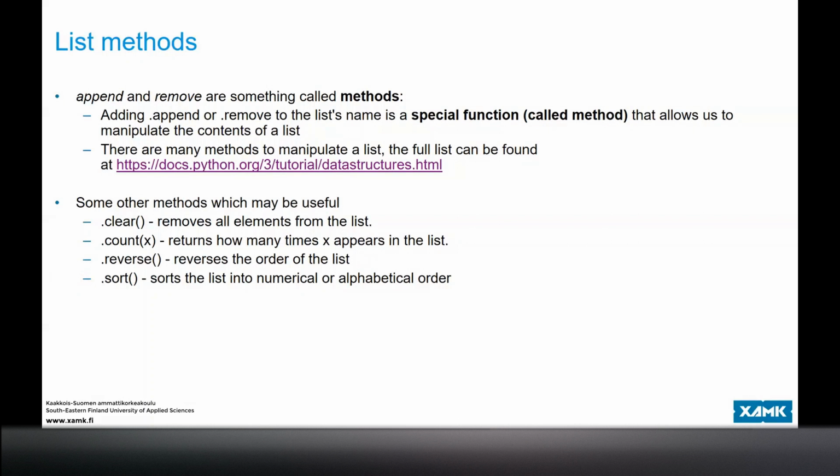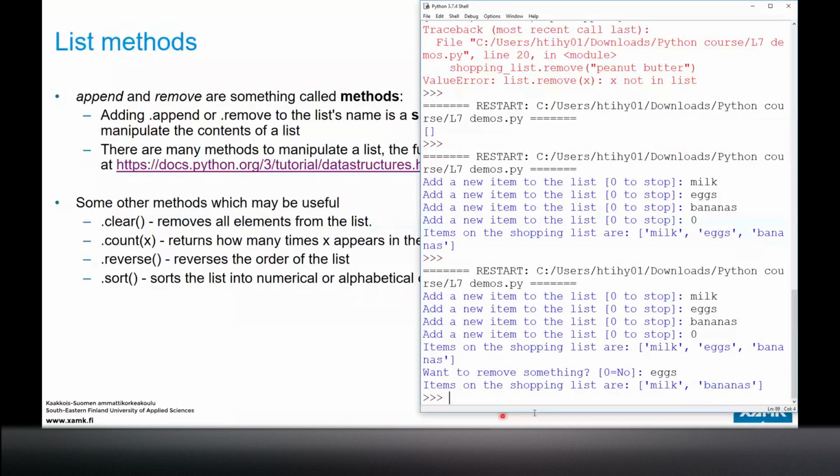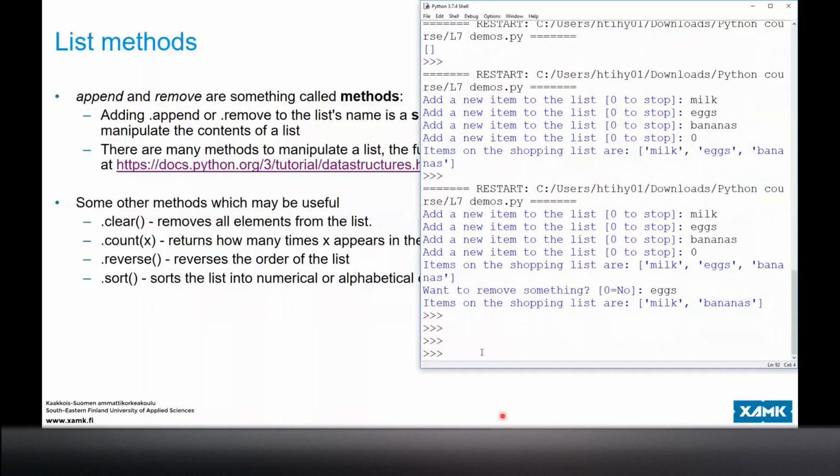So to give an example of how those 4 work, I'm going to bring up the interpreter and not the code editor this time. So let's create a quick list that I'm just going to call L, short for list.